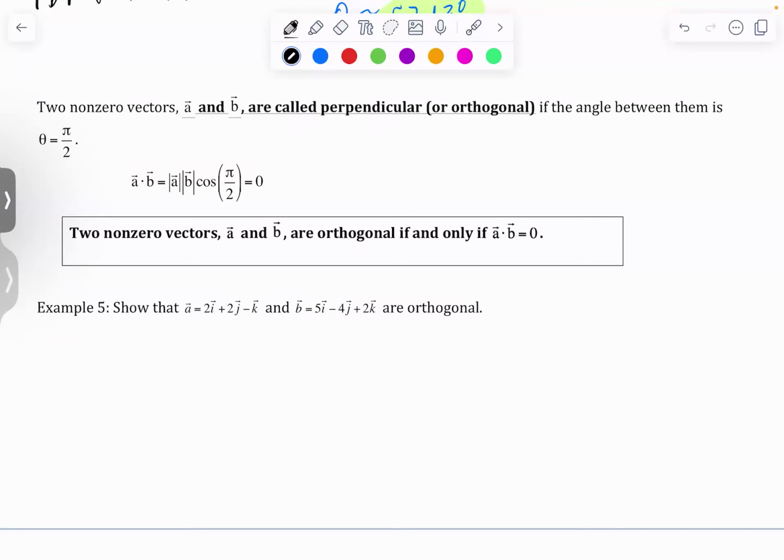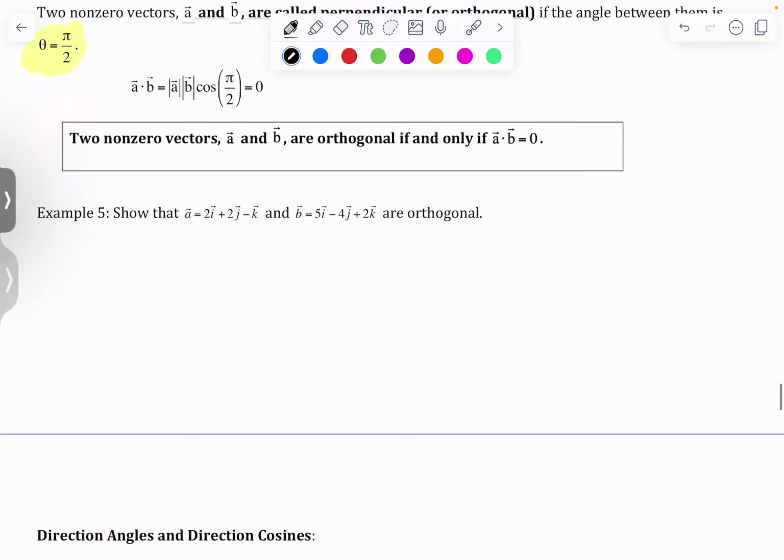Now, they are orthogonal if the angle between them is pi over 2. So if the angle between them is pi over 2, the cosine of pi over 2 is 0. So if you want to know if two vectors are orthogonal or perpendicular to one another, if you just dot them and you get 0, that means they're perpendicular, they're orthogonal.